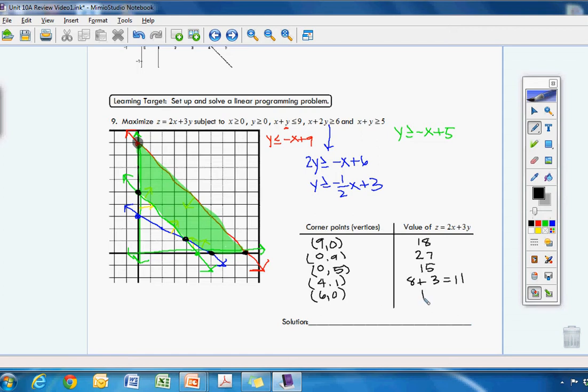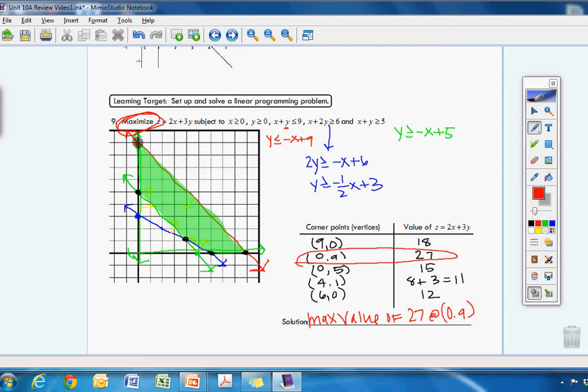And 6 times 2, that's 12. So since I want to maximize the function, I got to figure out what's the maximum value, which is 27. So here I have a maximum value of 27, and that's at the point 0, 9 on the graph.